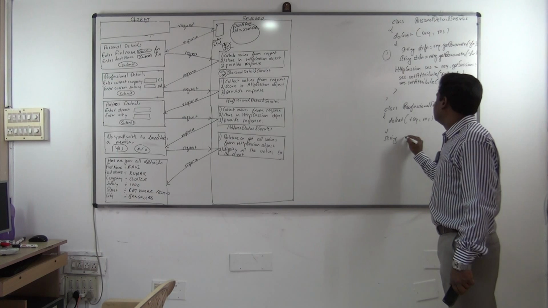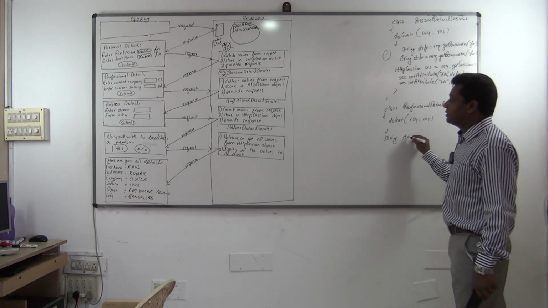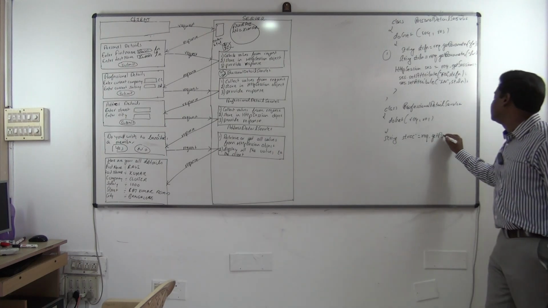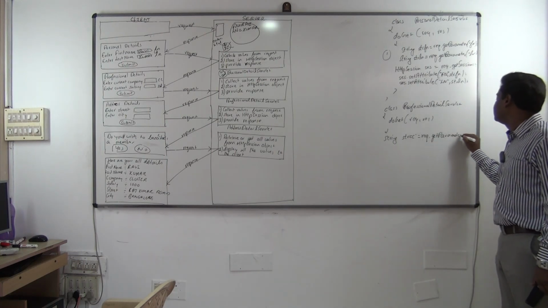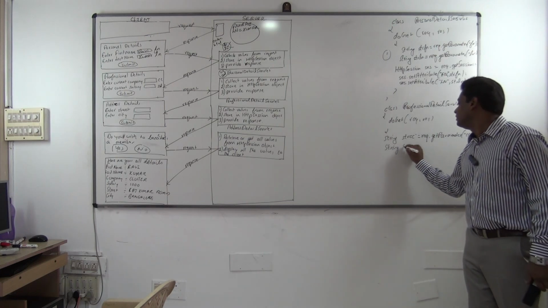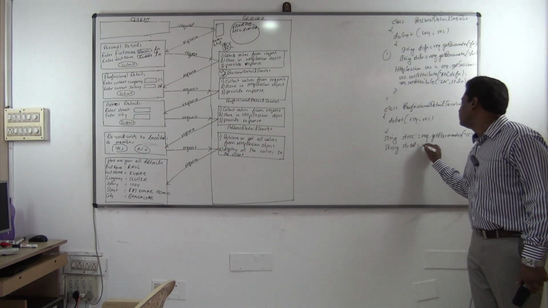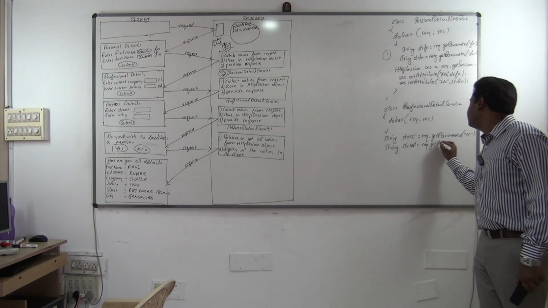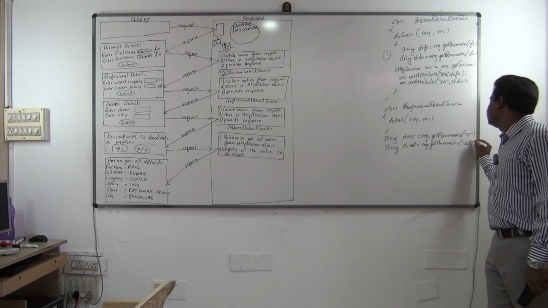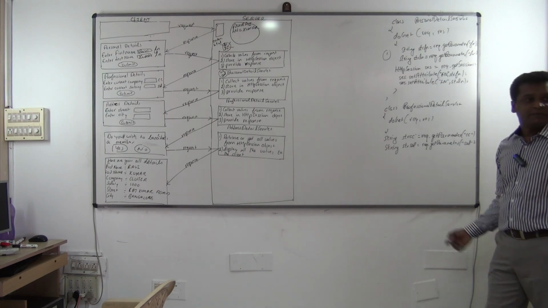String strCurrentCompany is equal to request.getParameter of CC. Similarly, String strSal is equal to request.getParameter of sal. You're getting this? Okay.